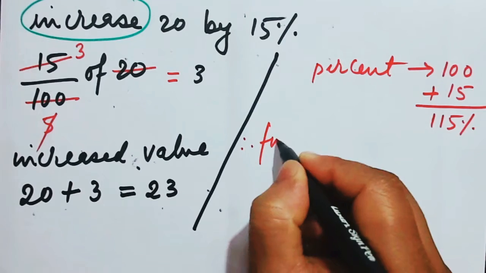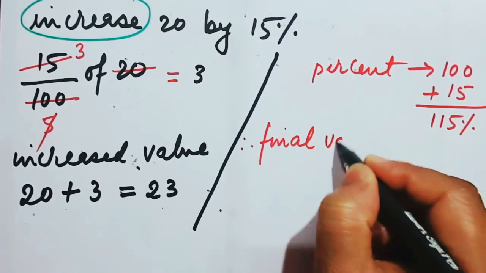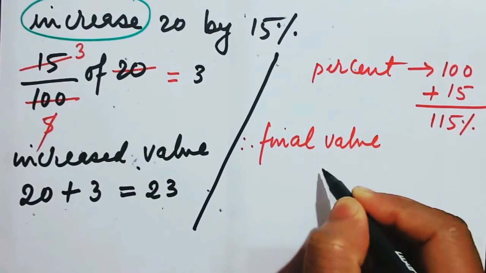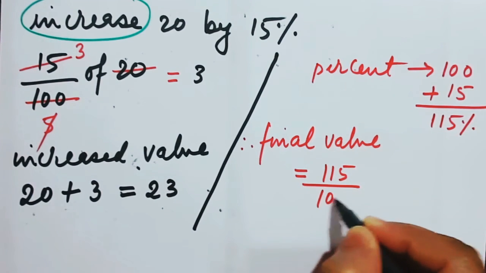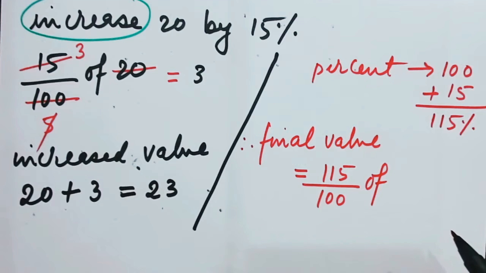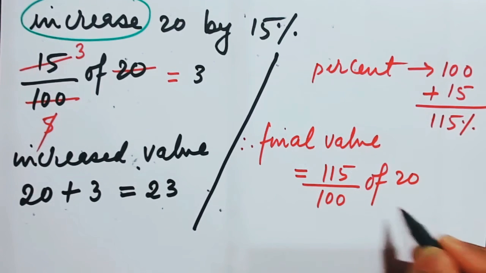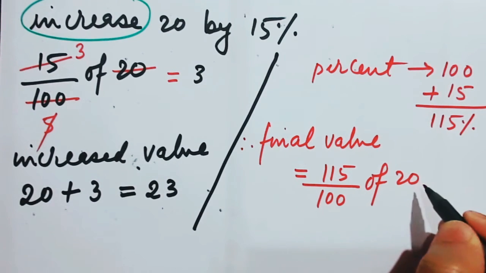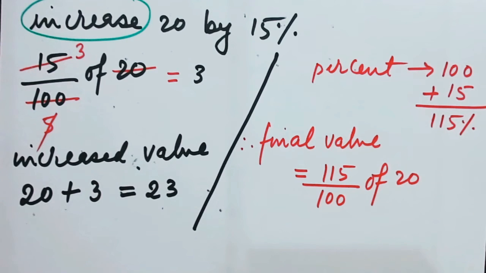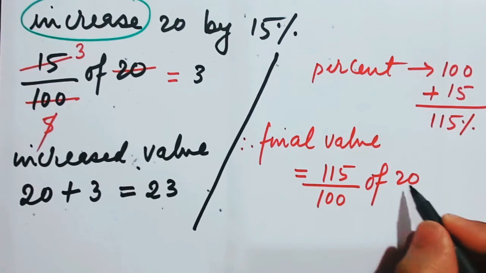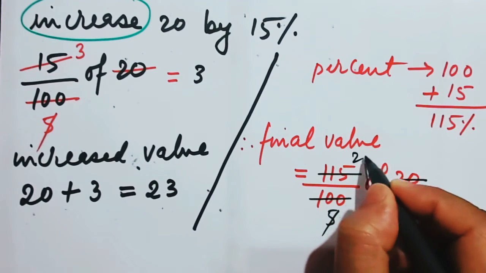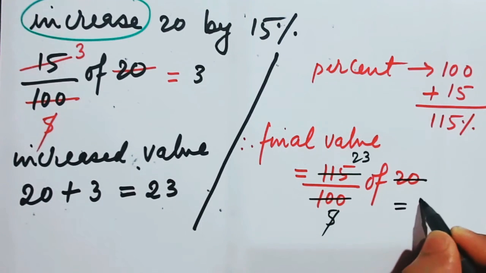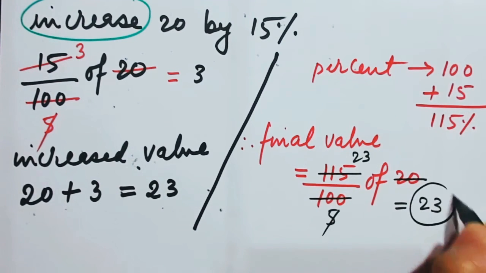Therefore, the final value will be equal to 115% of 20. Let us cancel this, and on cancelling, 20 by 5 is 4, and 4 times 5 is 23 will give you 23 as your final solution.